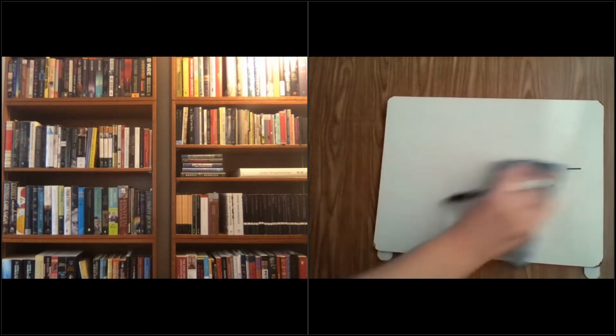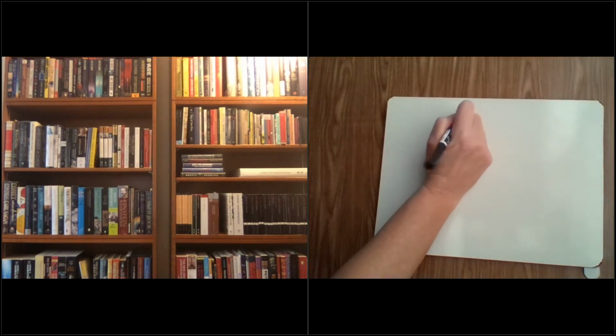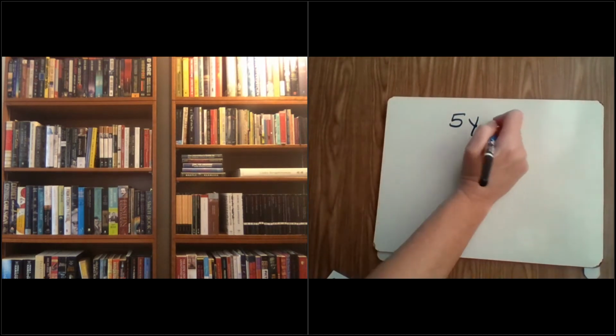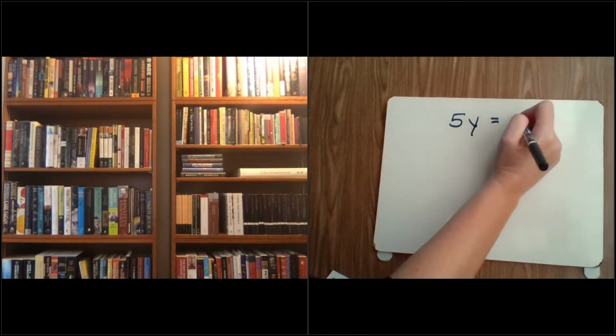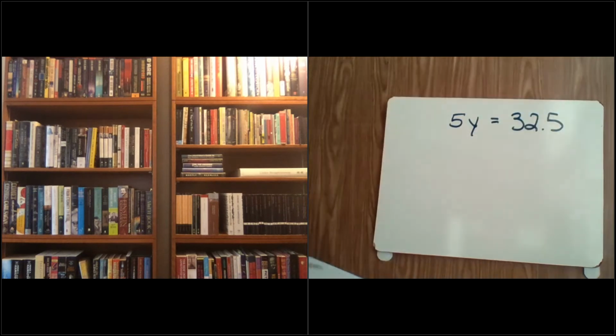Let's move on to one-step equations that involve multiplication. This problem is on page 63 of the first packet. It's problem number 4, and it's 5y equals 32.5.